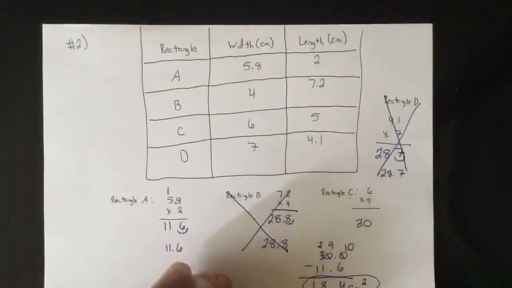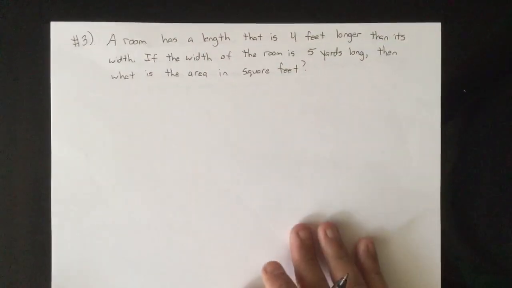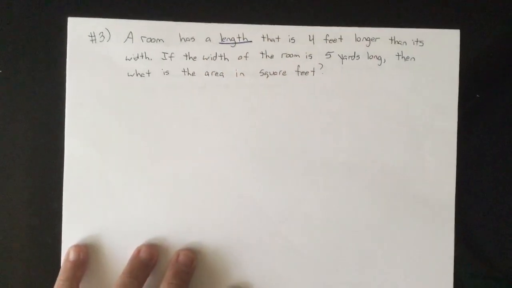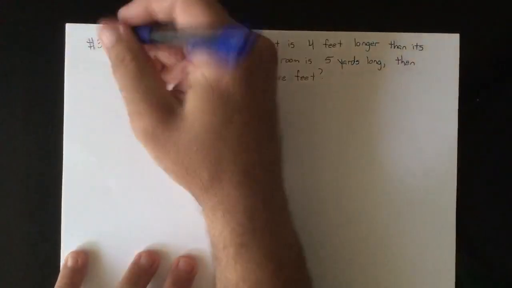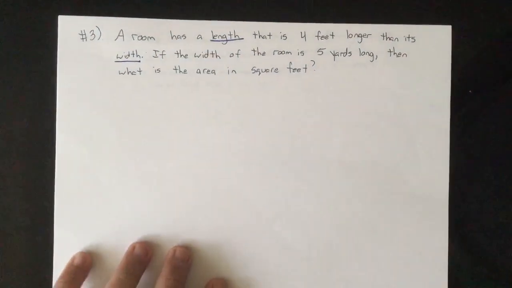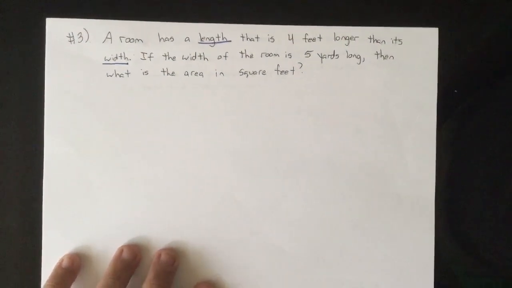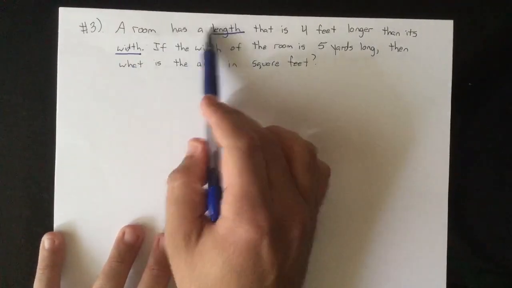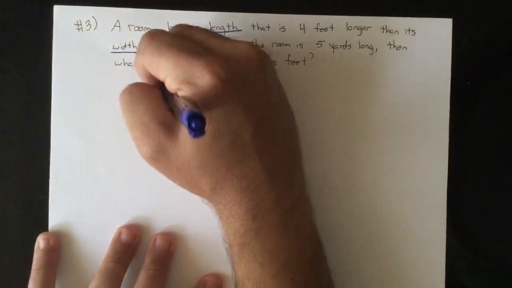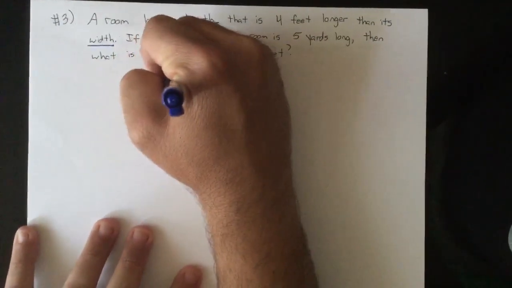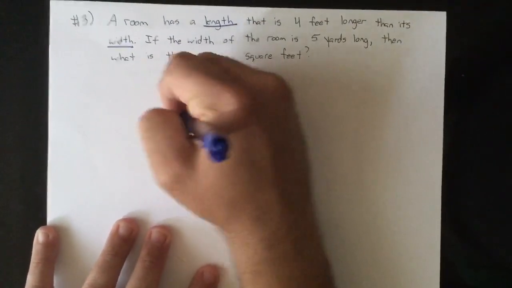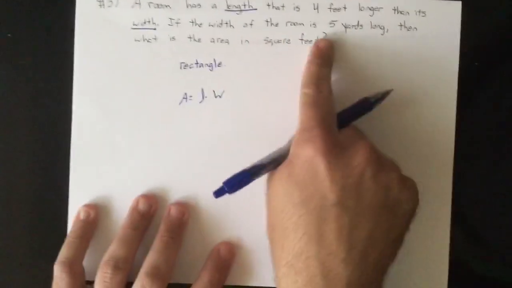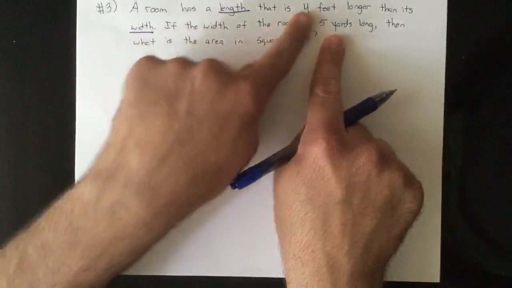All right, number 3. A room has a length that is 4 feet longer than its width. If the width of the room is 5 yards, then what is the area in square feet? Well, guys, if you look at your formulas, if you have a length and a width, that would be a rectangle. So that formula is length times width. Well, it says the width is 5 yards and the length is 4 feet longer.